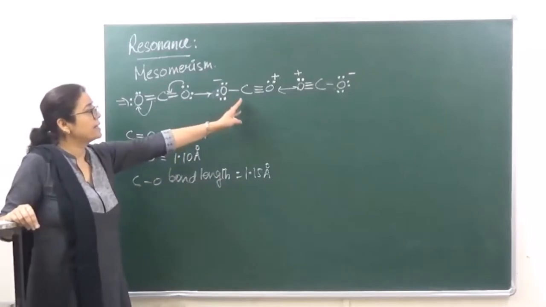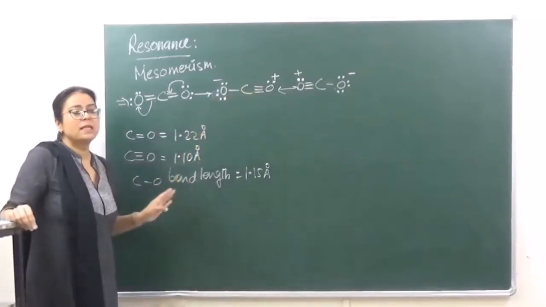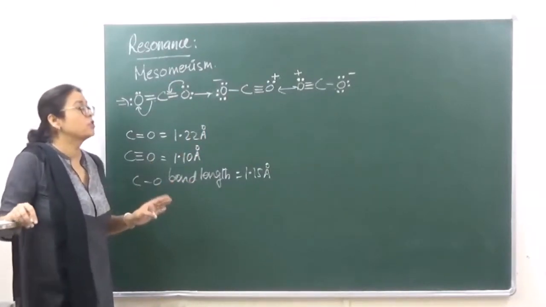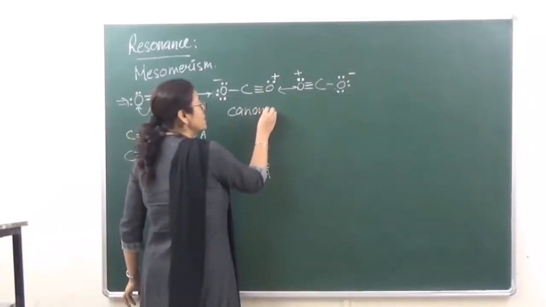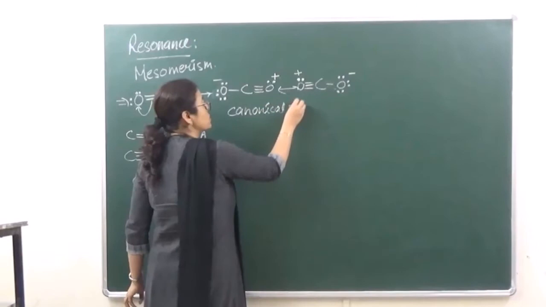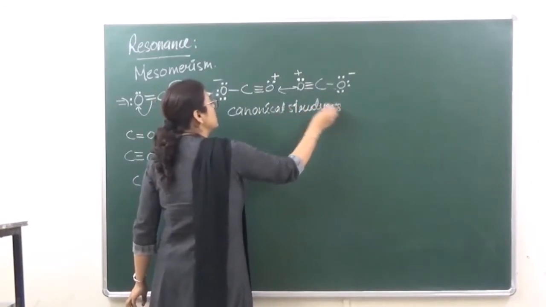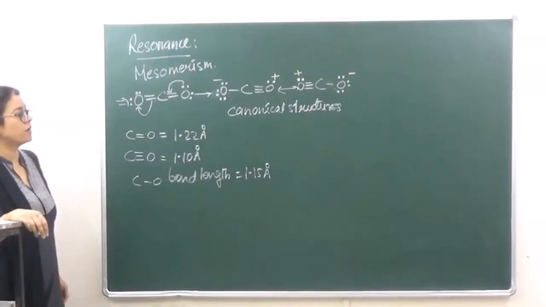So when we are looking at carbon dioxide here and carbon dioxide here, both of these are known as the mesomeric forms or the resonating structures, or another name which is given is canonical structures. So this is the property of resonance.